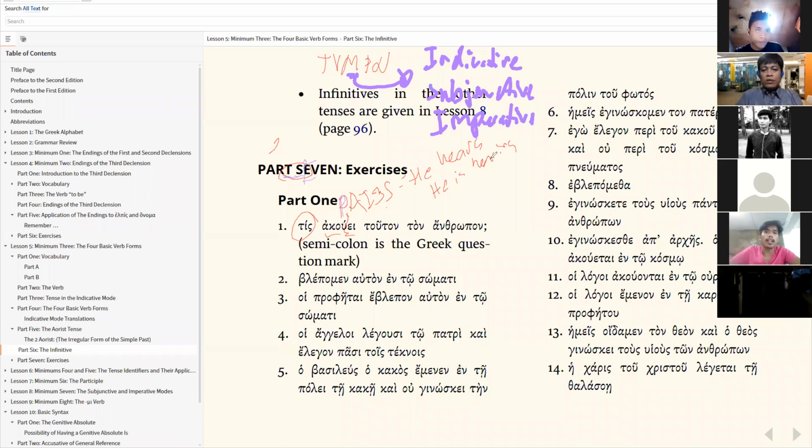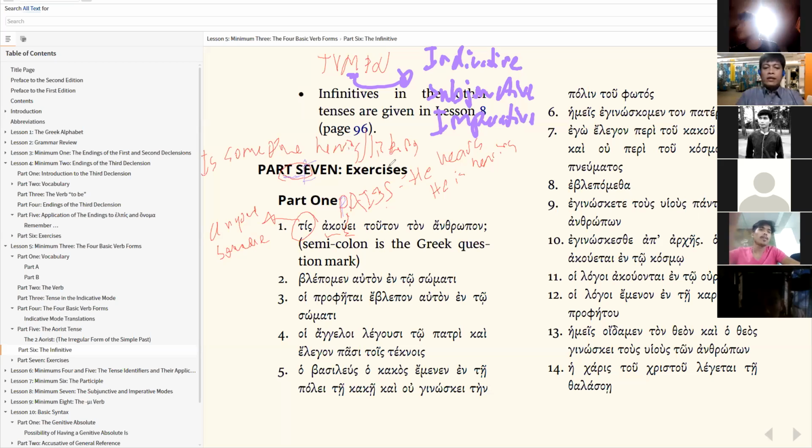Someone is hearing. So this one could be "anyone" or "someone." You will translate this akouei as "Is someone hearing?" or "Is someone listening?"